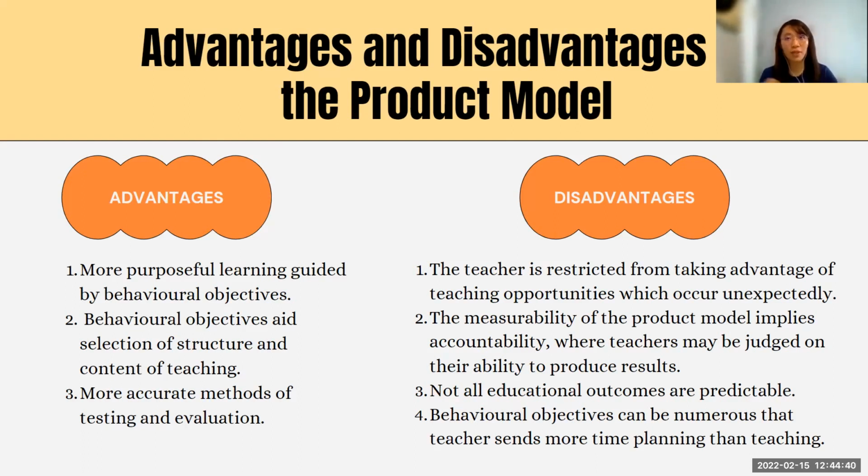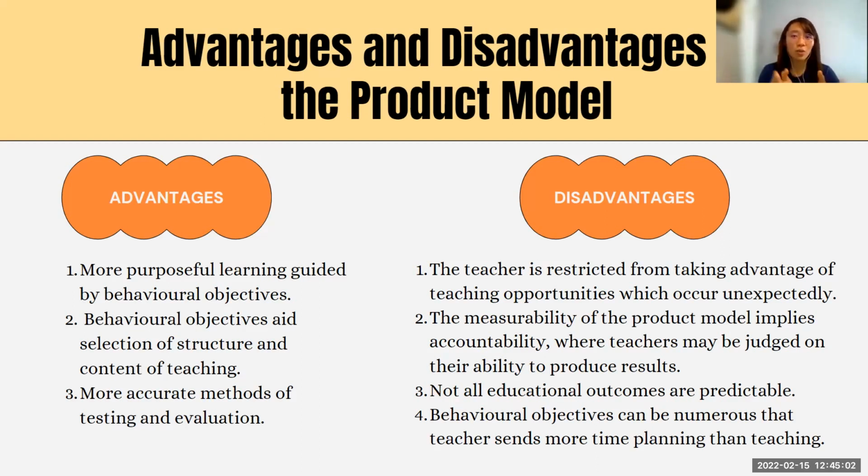However, there are also some disadvantages of the product model, because everything is already written out and structured. The teacher is restricted from taking advantage of teaching opportunities that occur unexpectedly. Sometimes during class, suddenly there is an opportunity to learn something new, maybe something outside the lesson.